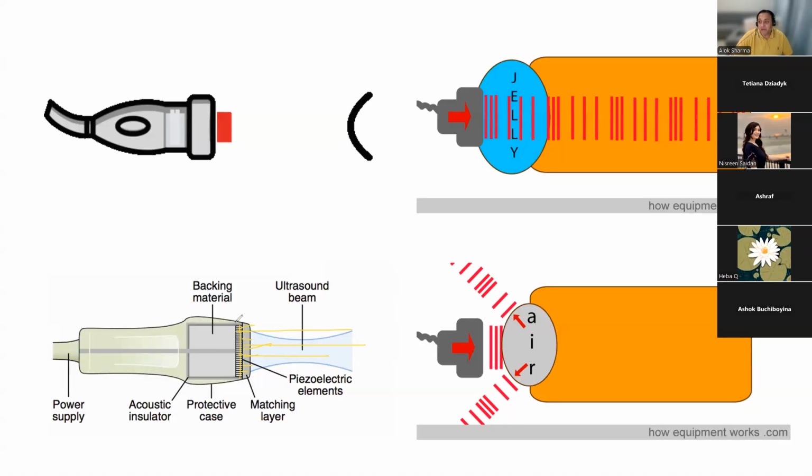And again, it's very important because it helps direct those sound waves into a very focused area. It also has elements which allow us to change certain properties, like the focus, the ability to increase the intensity, the amplitude, and alter the frequency of the actual probe.